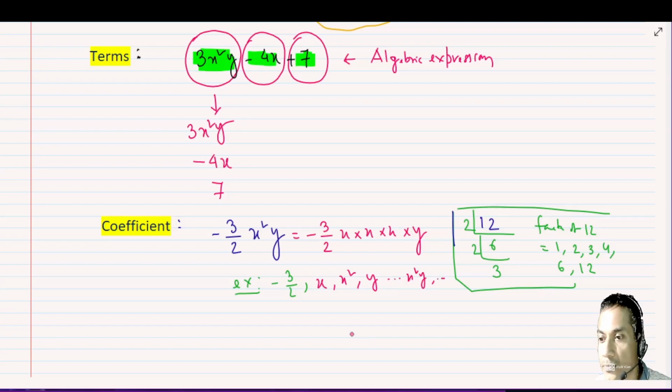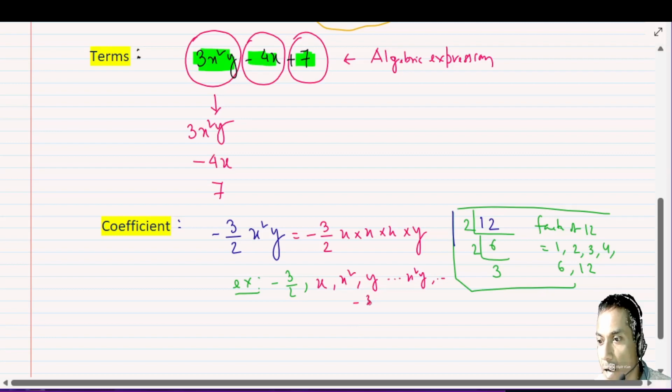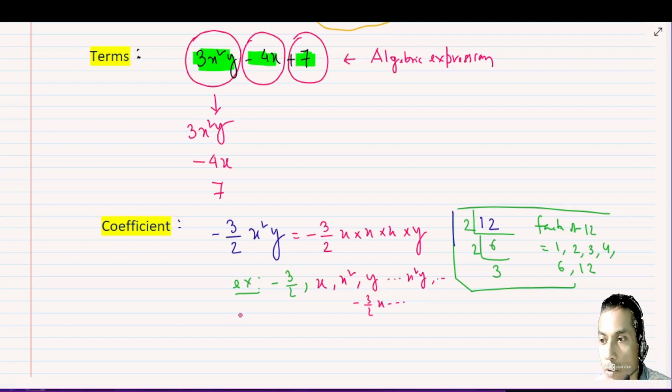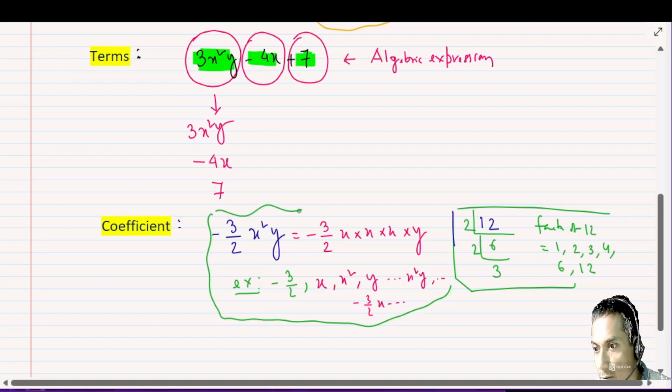Clear? Minus 3 by 2 x is also a factor. Clear? So many factors are there. So before understanding the coefficient, you should have clear understanding of this factor.